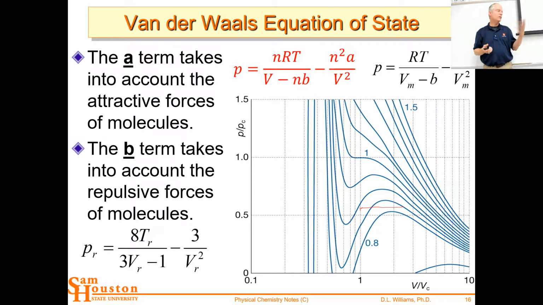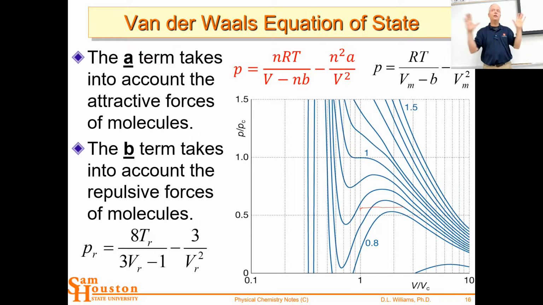Okay, this one is familiar, perhaps you've heard of it, the van der Waals equation of state. And if we write the equation of state in terms of pressure, so pressure equals nRT over V, we can correct that term. If you think about the properties of an ideal gas, if we say that the particles have no volume, then the volume of the room is the full volume that the particles have to move around in. But what if the particles do take up space?